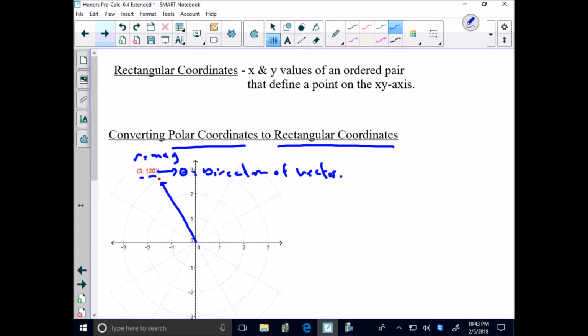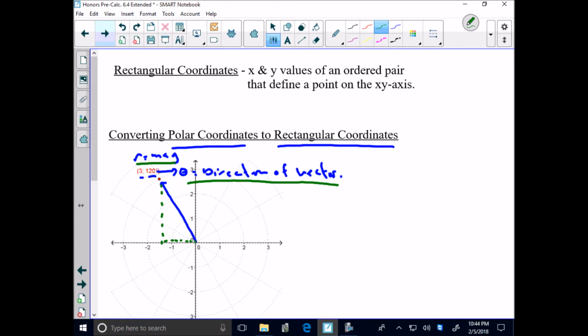So right here, with the r being the magnitude and theta being the direction, we can basically say that that would be one way to define the vector. But the second way of defining the vector is with component form, right? And component form basically defines the vector with its horizontal and vertical change, right?